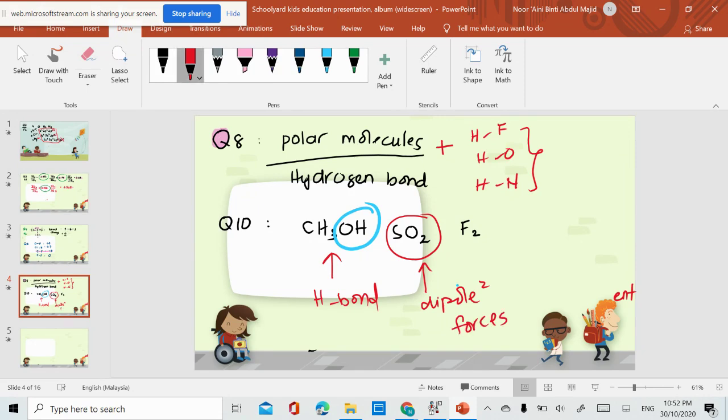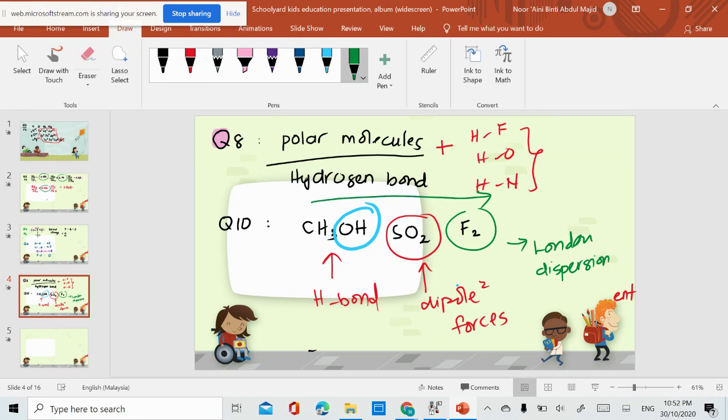And F2 is nonpolar. Therefore, it forms only London dispersion forces. So this is the right order of decreasing boiling point because hydrogen bond is much stronger than dipole-dipole forces and dipole-dipole forces are much stronger than London dispersion forces.